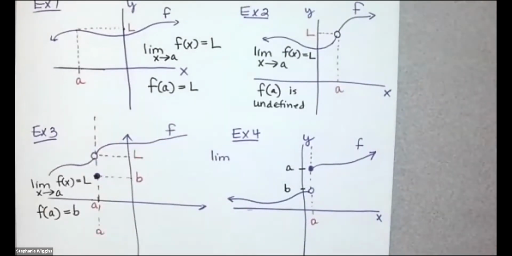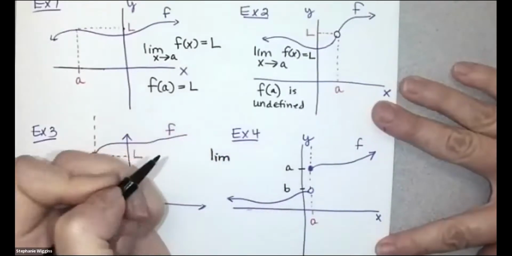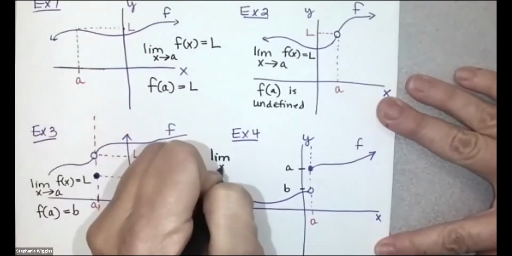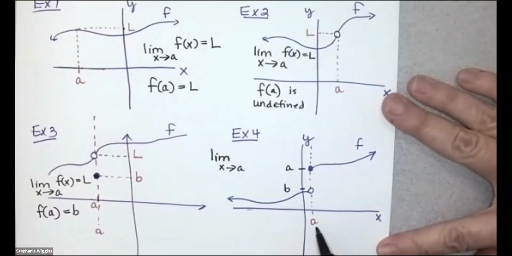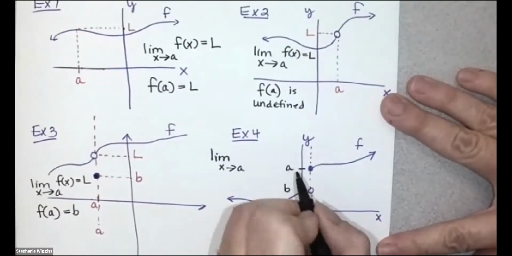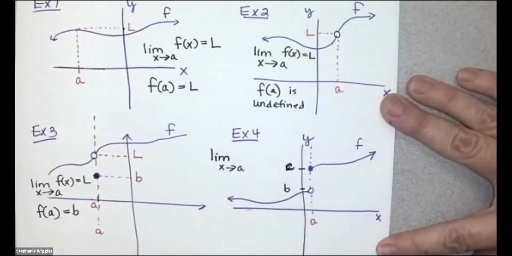Let me get a different color here. I got too much purple. So the limit as x approaches a, and I probably should have used a different letter here. This is A, this is a different A. Let me call this C, actually. That's better.